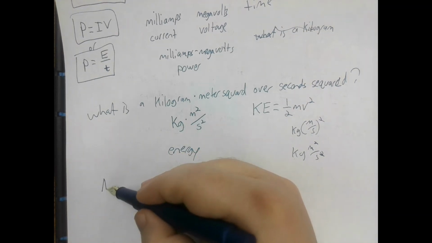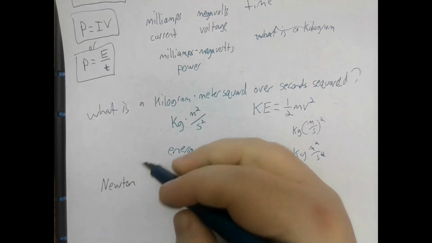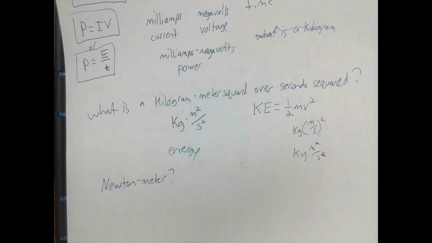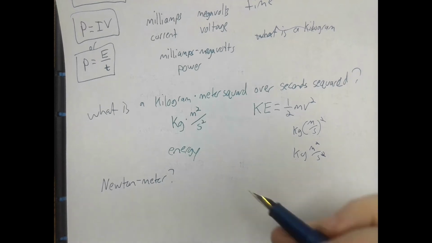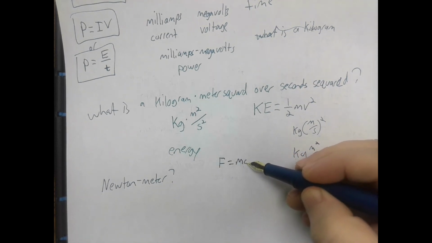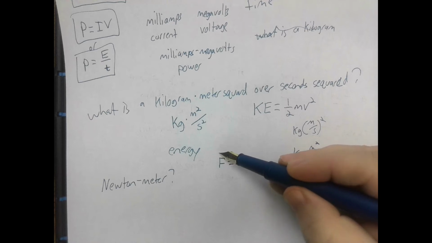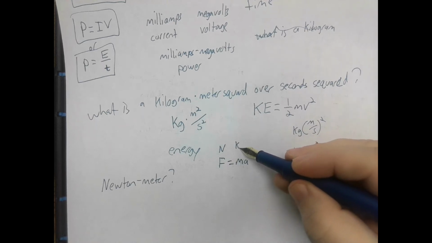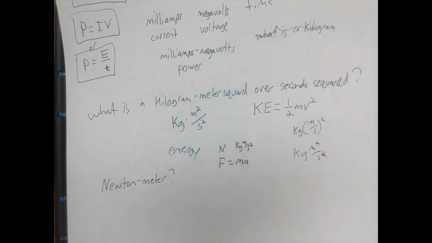What about a Newton meter? Well, we know force is equal to mass times acceleration. Force is measured in Newtons, and we get kilogram meters per second squared.